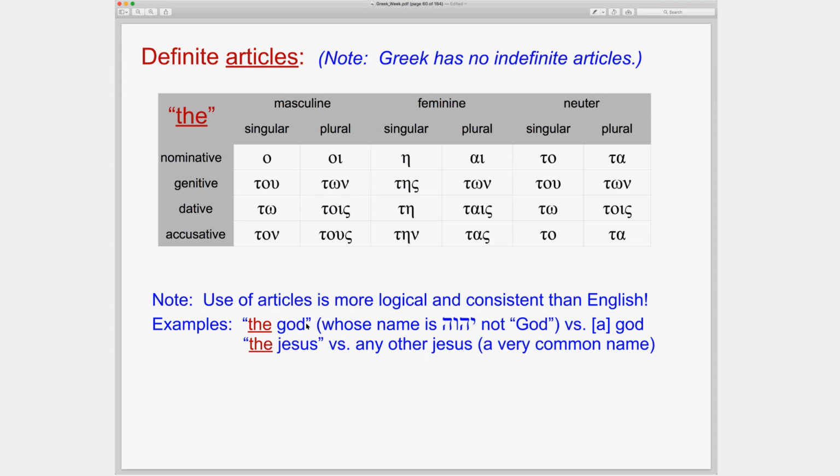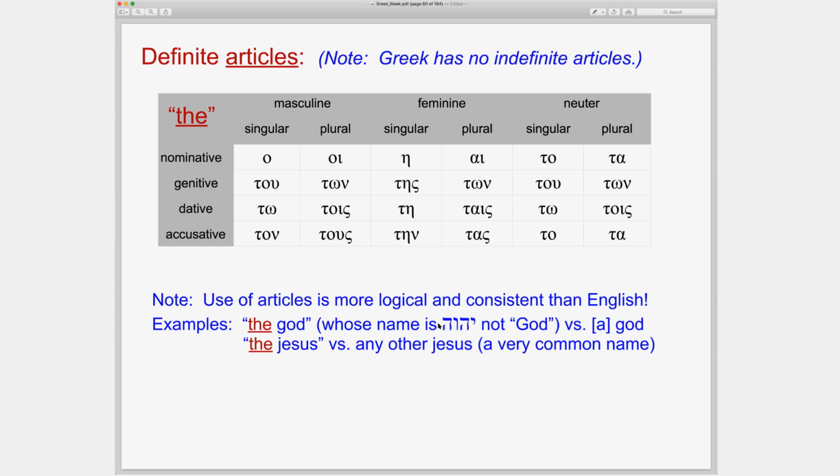We have this capital G, God, and God is a title. With articles in English, you have the indefinite or definite article, a or the.